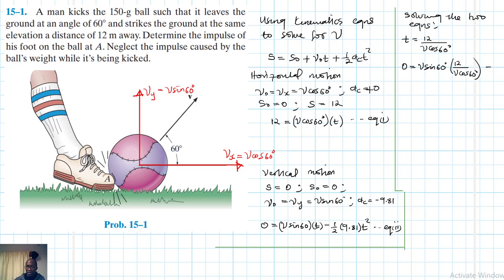So this one becomes 0.5 by 9.81, which is 4.905, and then by 12 divided by v cos 16 squared.